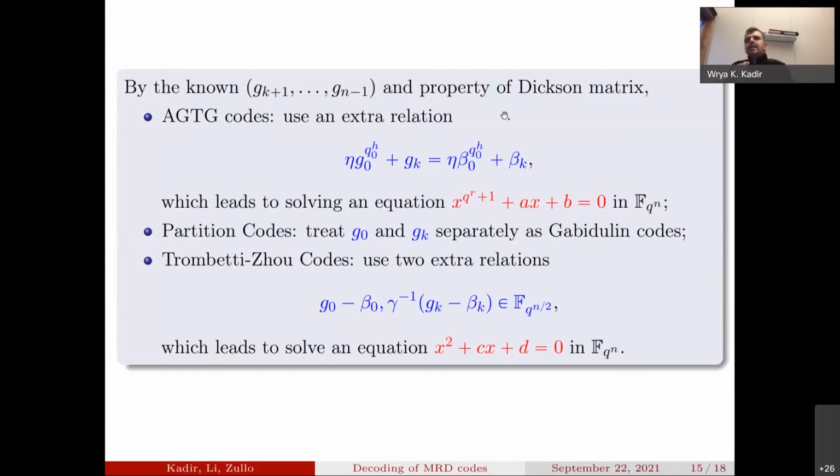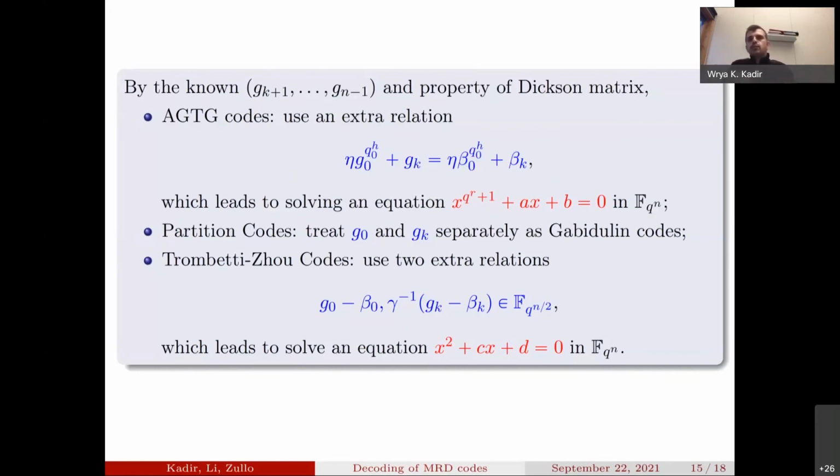So we use this extra relation, and the decoding problem is changed to the problem of solving this projective polynomial. But for partition codes, we treat G_0 and G codes separately as Gabidulin codes.